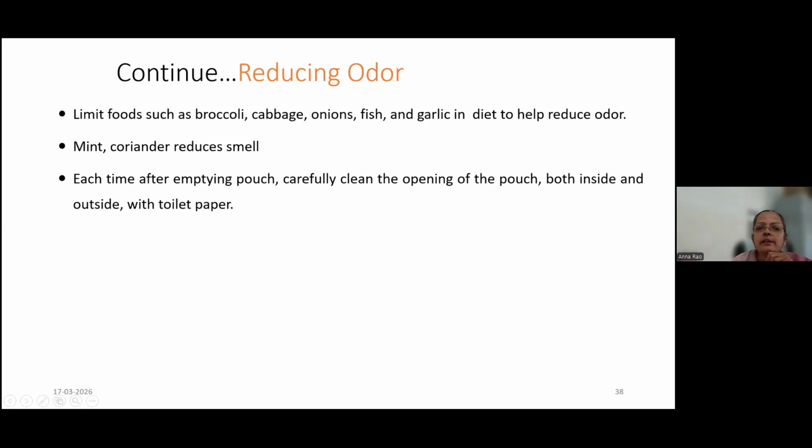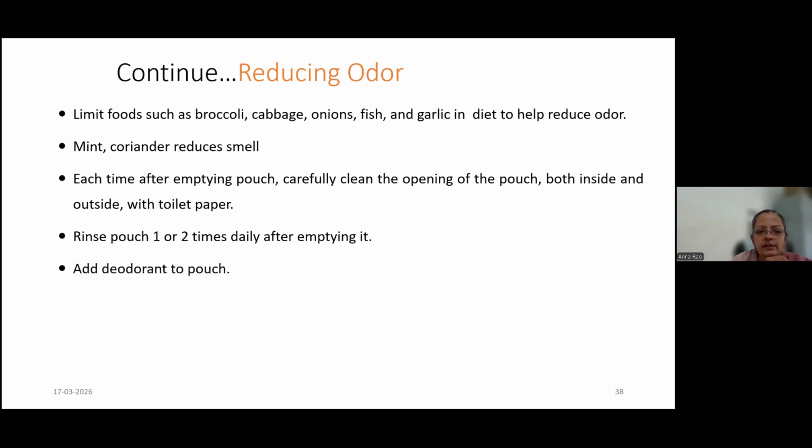Mint and coriander reduce smell. We can also use charcoal; now the bags come with charcoal powder, so there are fewer issues of odor.